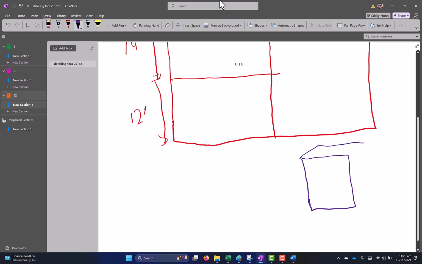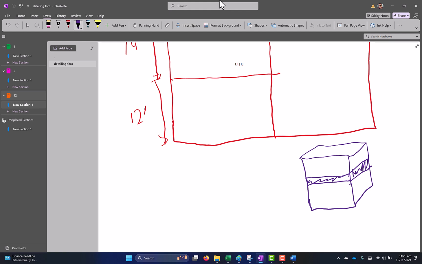Let's say it's a block, and there is earth fill here. Okay, this is a section of the ground, I'm just telling you. And if it's in a plane, and if I ask you to cut a section here, and it's looking downwards, this is basic detailing. You need to understand these rules.